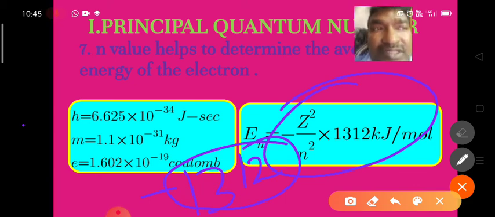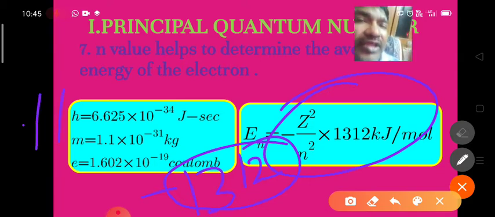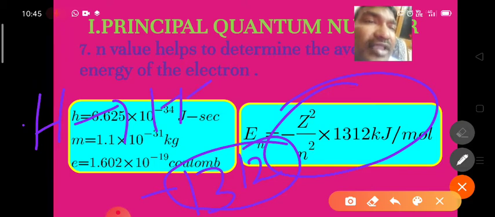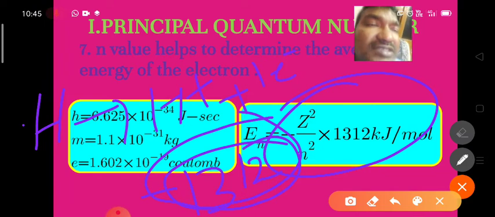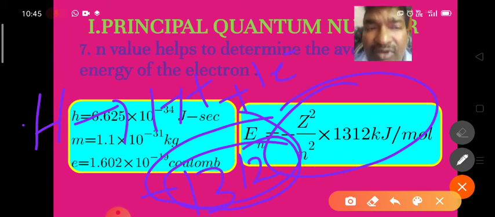If this much energy is supplied to the electron of the hydrogen atom, it gets this much energy and leaves the hydrogen atom. When the electron leaves the hydrogen atom, it becomes an ion. So this is nothing but ionization energy. Like this, we can calculate the ionization energies also by using this principal quantum number.